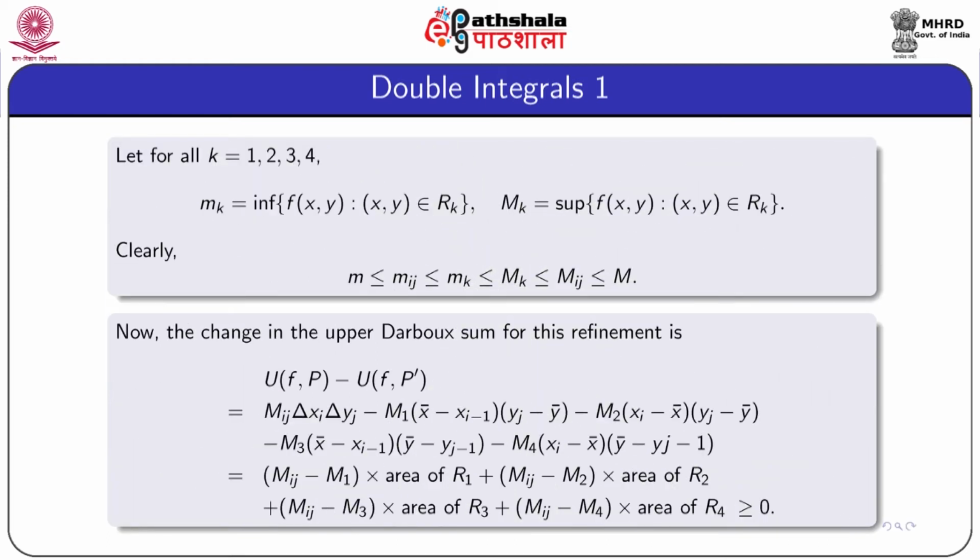Now, for all k equal to 1, 2, 3, 4, let mk and capital Mk denote the infimum and supremum of the values of f(x,y), where xy belongs to the kth rectangle.